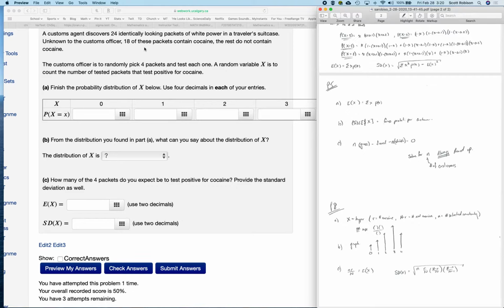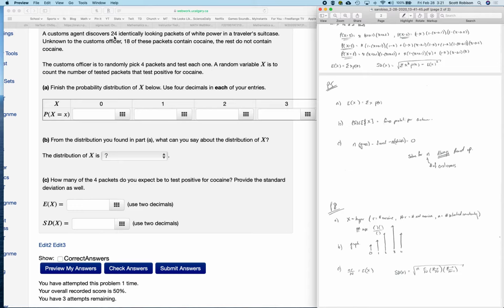So here initially, the first package would have 18 out of 24 as your chance of it being cocaine. However, once you've already tested a package, you wouldn't throw it back in the pile. The next probability would be 17 out of 23 if the first one was cocaine, not out of 24 because you've already tested one, or it could be 6 out of 23 if you got a non-cocaine package.